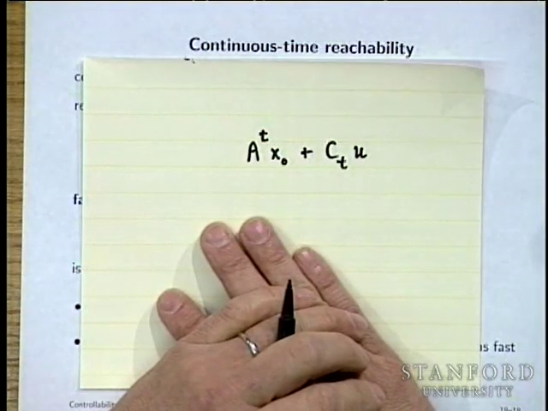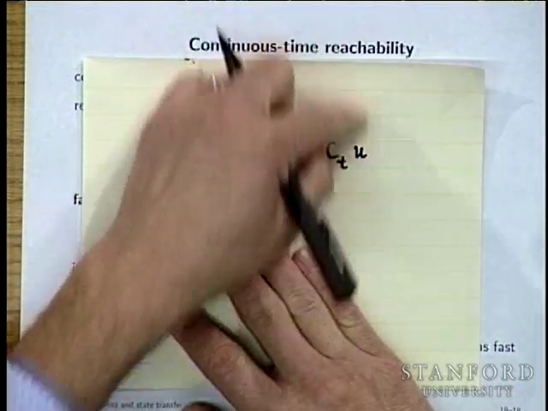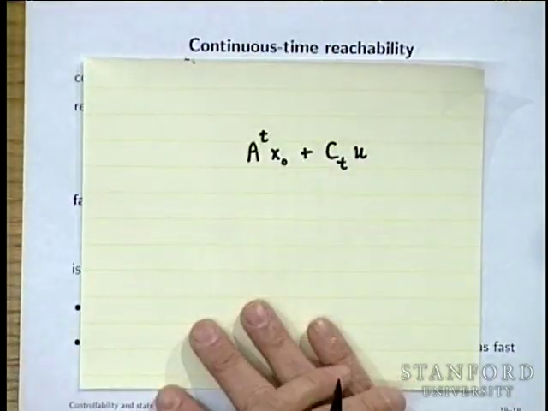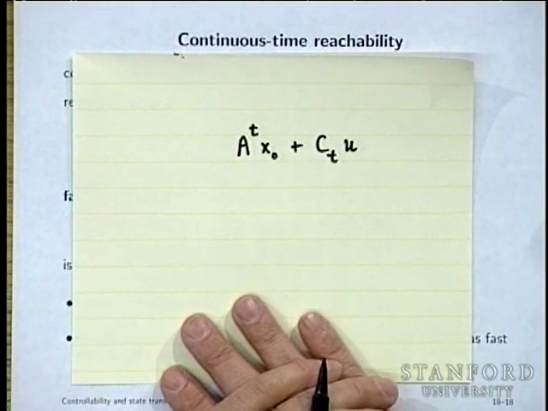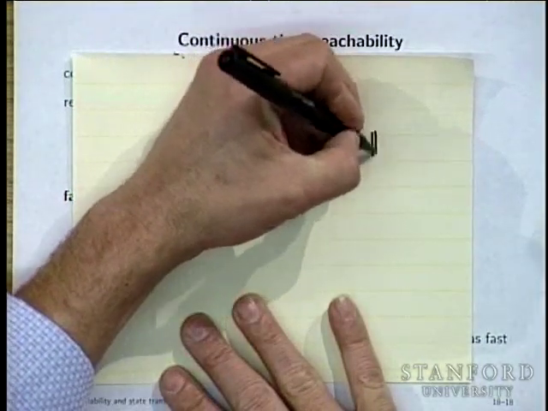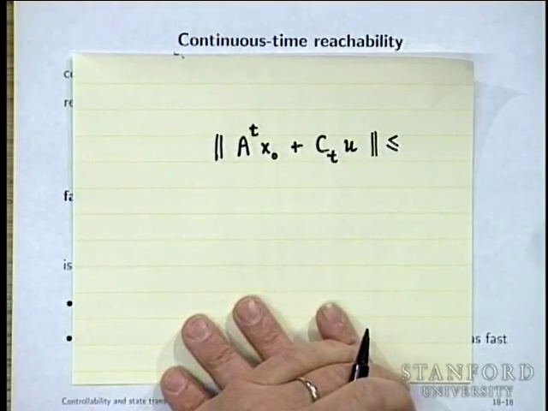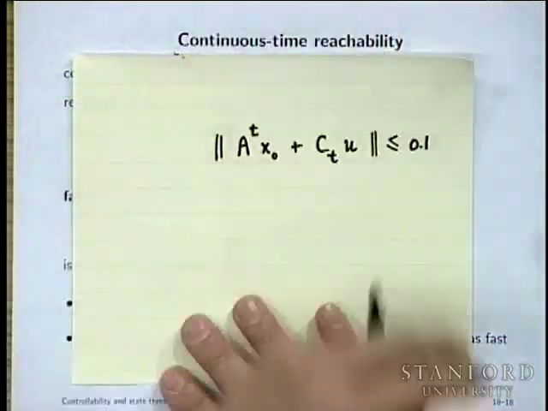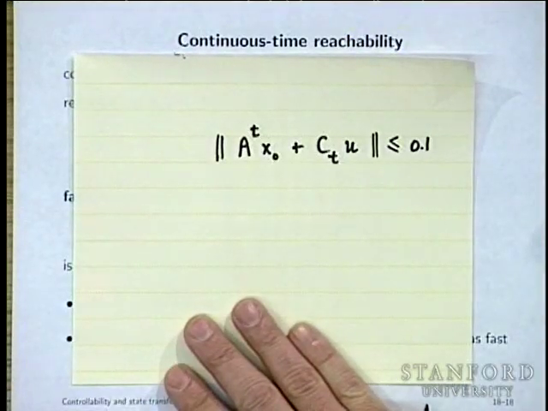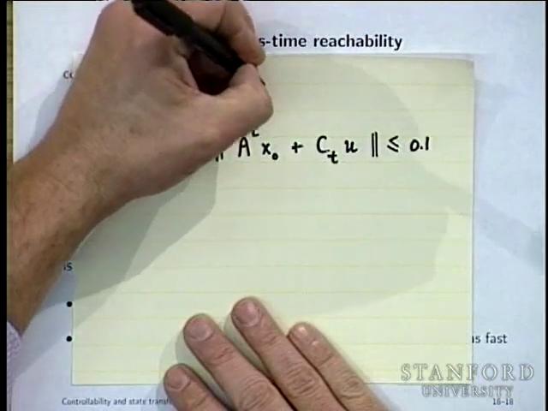This is actually a sequence of u, a whole trajectory. And then the condition is that this should be less than some number. What was the number I gave? 0.1. Good, a nice number. And you wanted to minimize the norm of u.